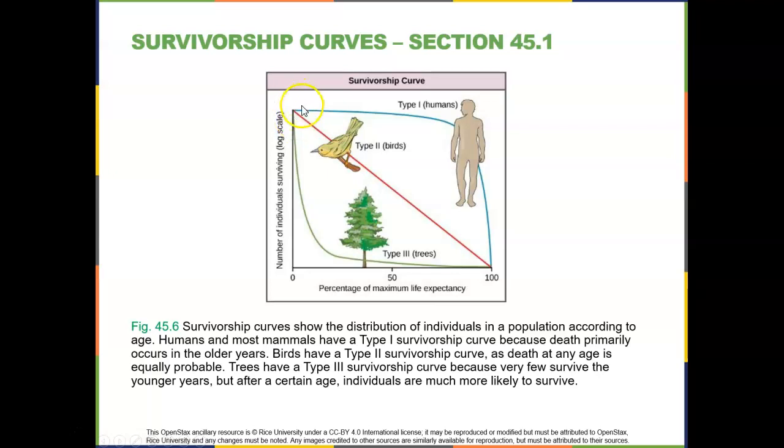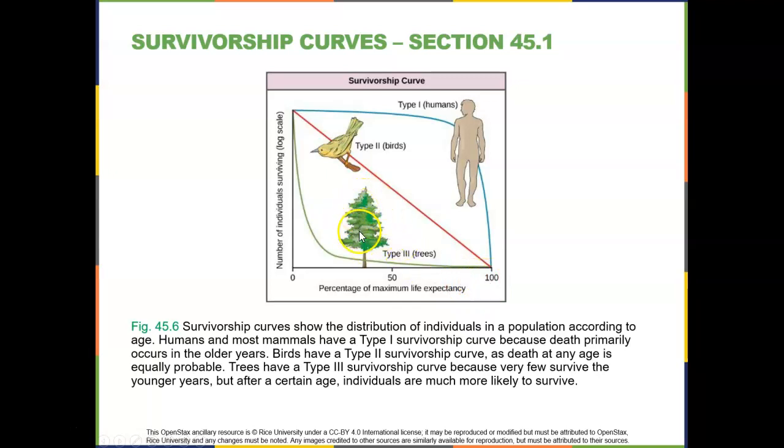Now in type 3, we'll skip right to type 3 and then we'll go back to type 2. In type 3, we see almost a reverse curve. We see there's a dramatic loss of young organisms, and then we get to sort of midlife, and remember this is an overall life expectancy.